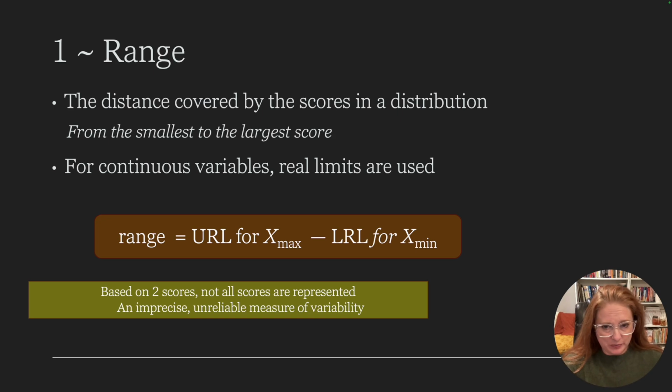Not all scores were presented. It's implied that everybody else's scores fell between 0 and 100, which is accurate. I'm not lying. Some students in my class scored 89 and 27 and 32 and 99, right? But it definitely is an imprecise, unreliable measure of variability.